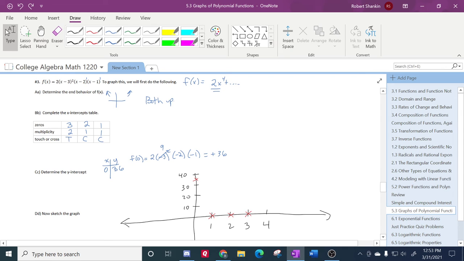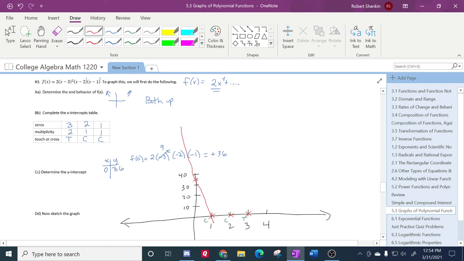Now, let's do it again, and we're going to put next to these things, these little tiny cross, cross, and touch. Now I'm going to make my graph through this. This one, I'm going to cross it, so it means go to the other side of the x-axis.